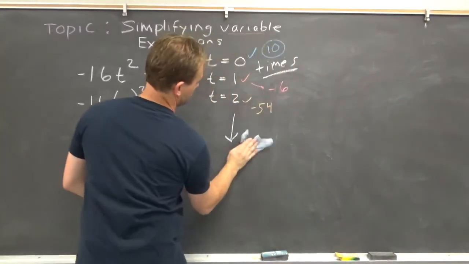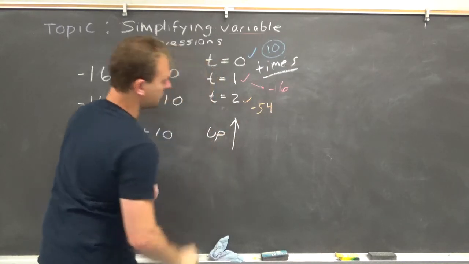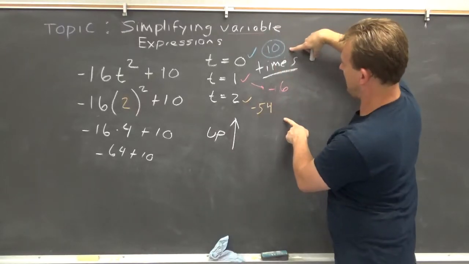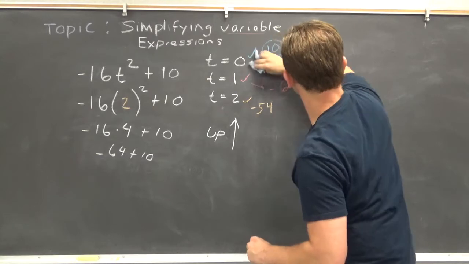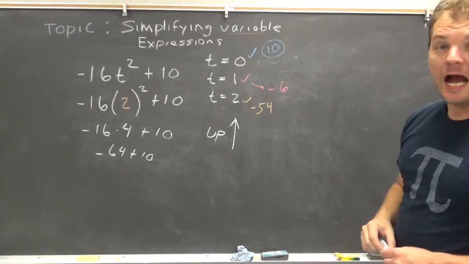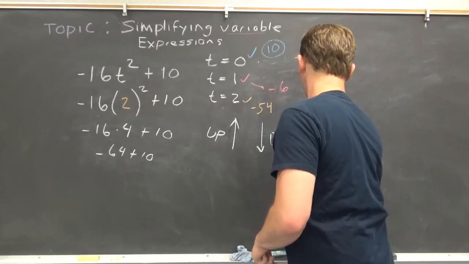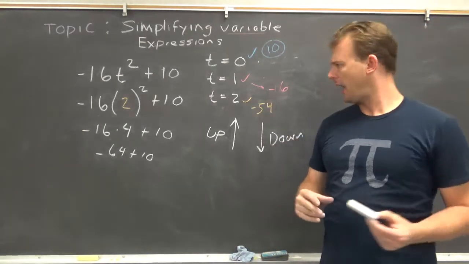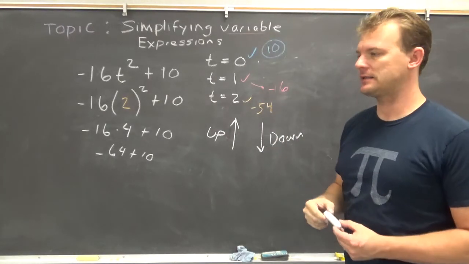But what's happening with my numbers here? They're going down. So that's not right. If my times go up, how can my distance go down?